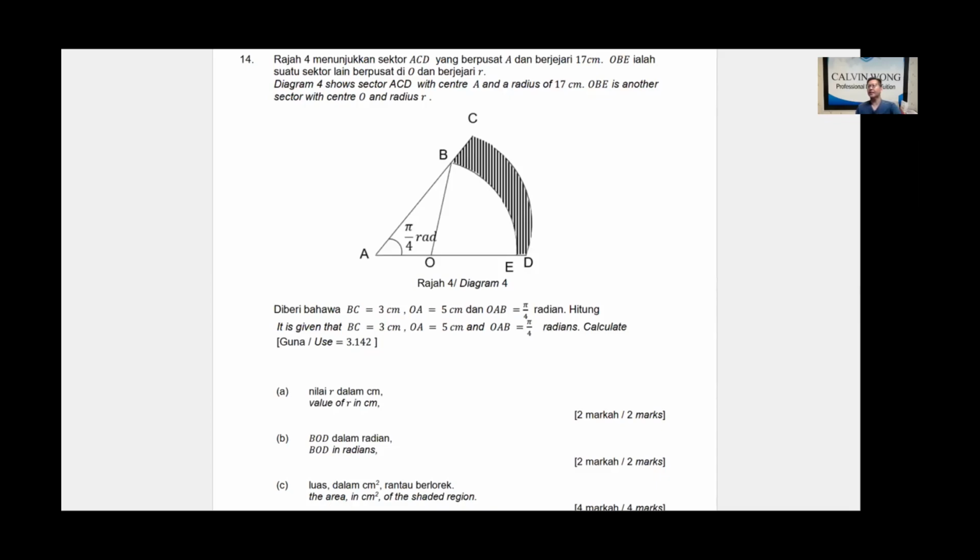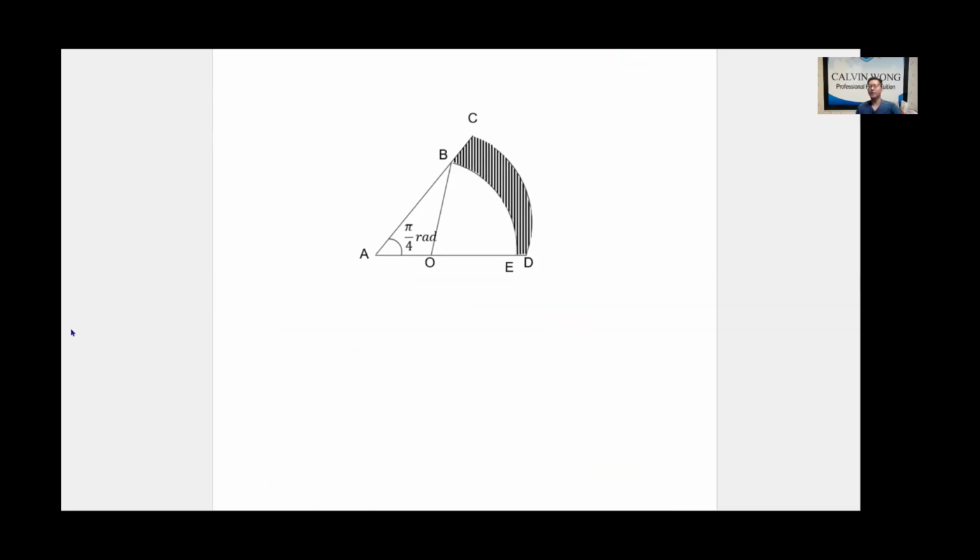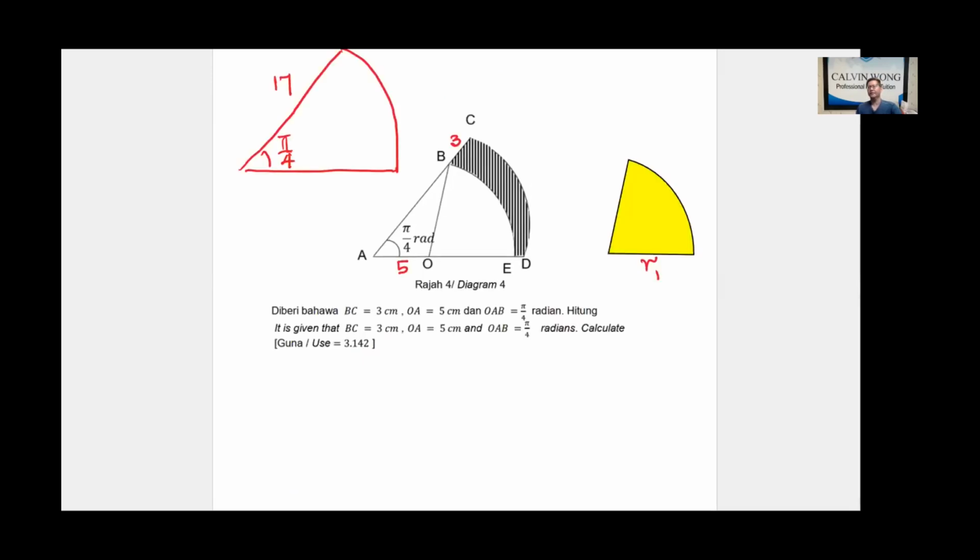They give you the sector ABC. ACD is a sector, and OBE is another sector. So they give you the length. From here we need to fill in the blanks and do it like this.